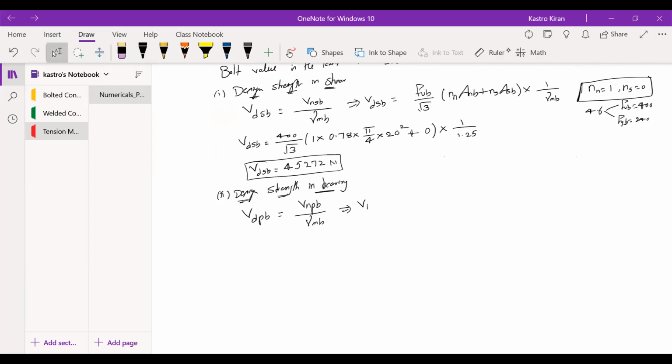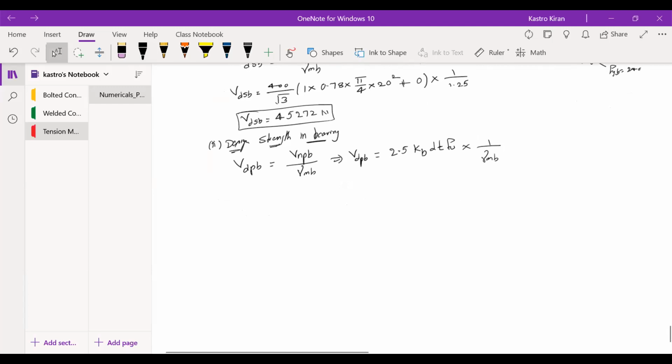So this formula can be written as VDPB equals, we know the formula for VNPB, that is 2.5 kb d t into Fu into 1 by gamma MB. So in order to find out the value of kb, you need to know the edge and pitch distances.